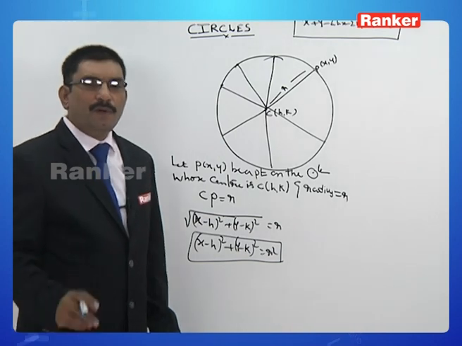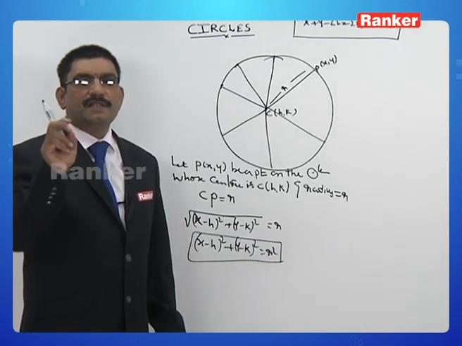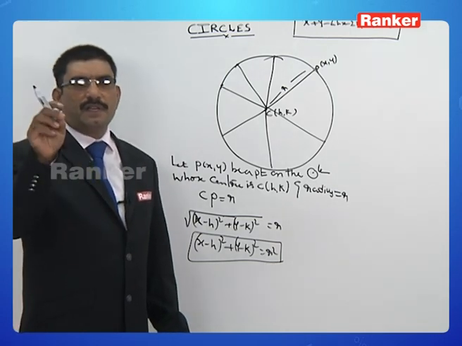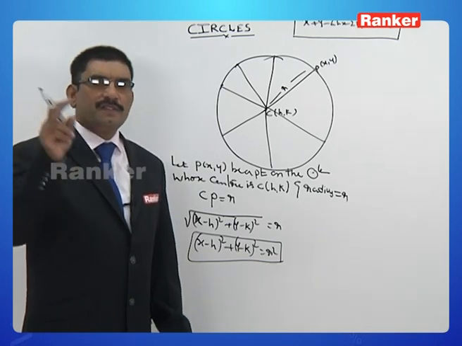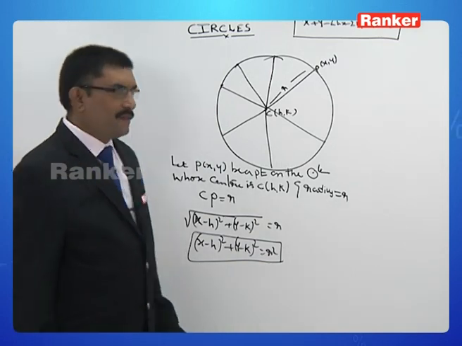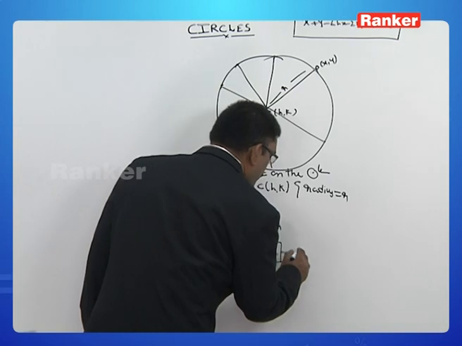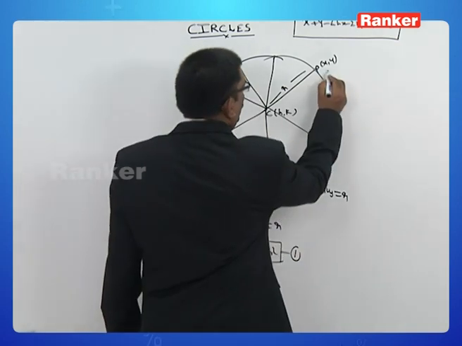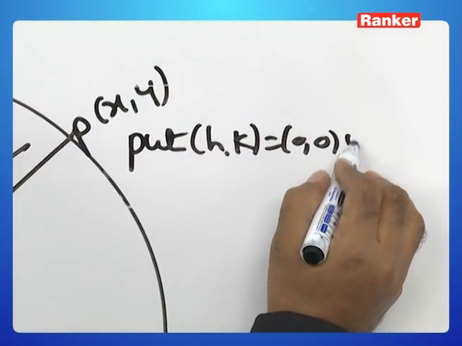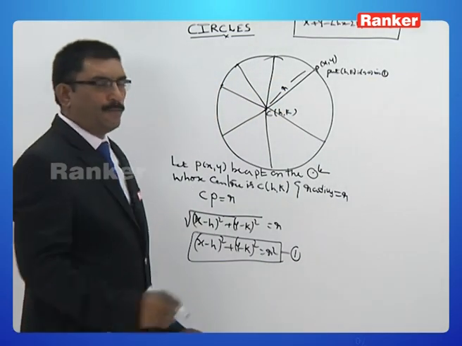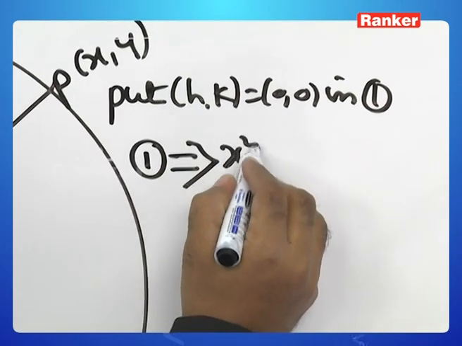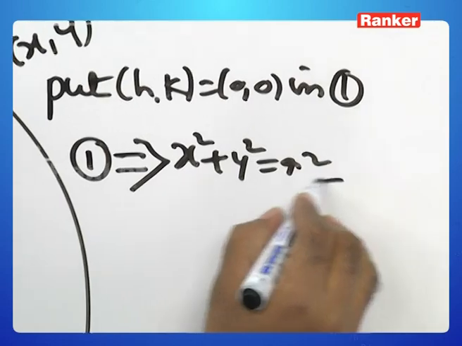Now I want to find the standard equation of a circle. What is the standard equation of a circle? A circle having center 0, 0 is always taken as the standard circle. Call this equation 1. Put h comma k equal to 0 comma 0 in 1, then 1 becomes x square plus y square is equal to r square.